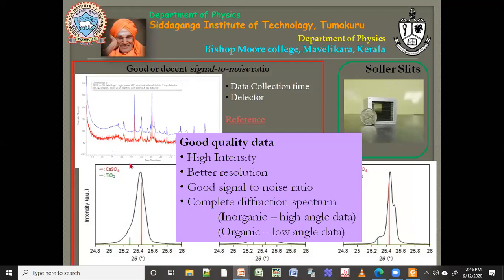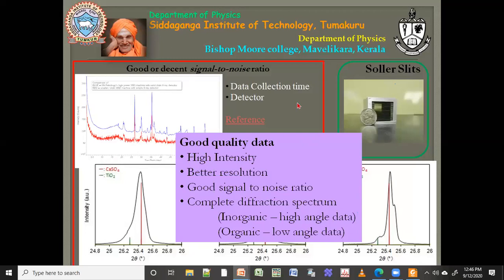For inorganic materials, you can start from 5 or 10. That's sufficient. That is why you need to go for high angle, maybe around 100 degrees, whatever your instrument allows. Normally I used to go up to 120 on a Bruker or PANalytical, but it depends.